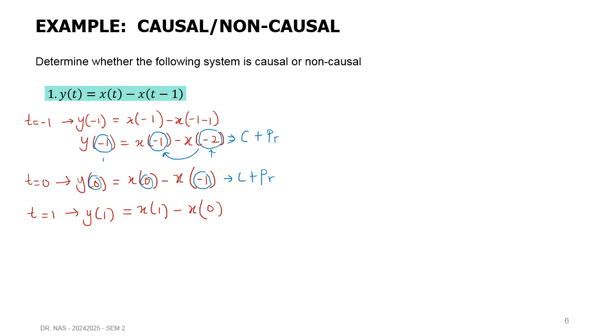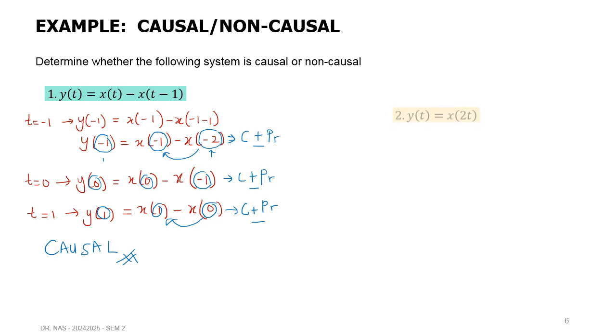The 1 is the current state. So you have current state plus 0, which is still lower than 1, so it's the previous state. Okay, so when you have combinations of current and previous state, the system is causal because there's no future state.